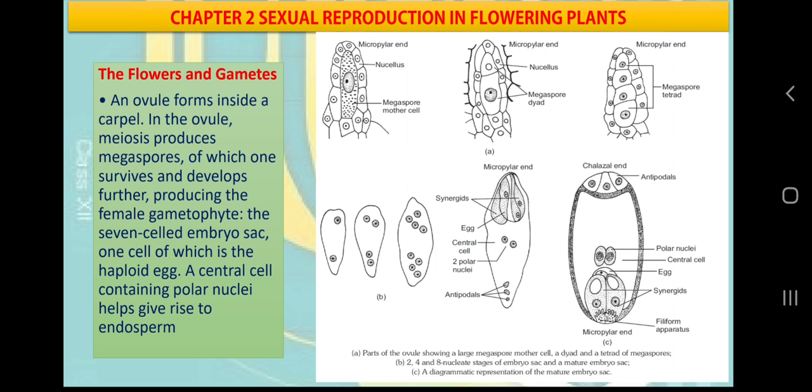Now, the male gametophyte is the pollen grain, which is a 2-celled or 3-celled structure, and the female gametophyte is the embryo sac, which is a 7-celled and 8-nucleate structure. Finally, the male and female gametophytes are haploid structures, and all other structures are diploid. So apart from the embryo sac, all structures of the ovule, carpel, style and stigma are diploid, and apart from the pollen grain, all structures of the anther, stamen and flower are diploid.